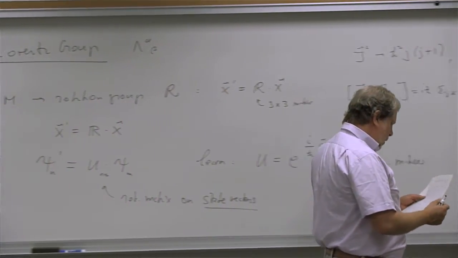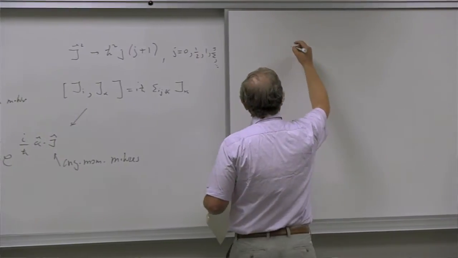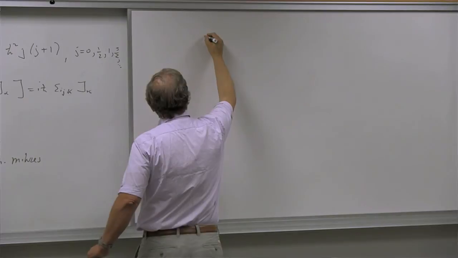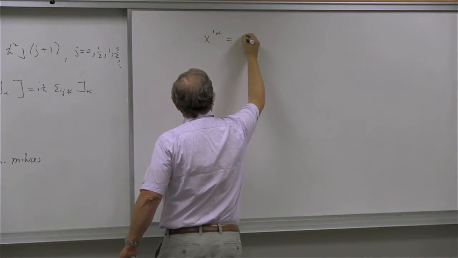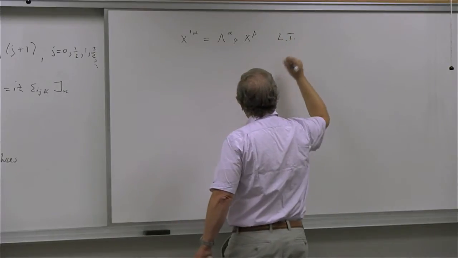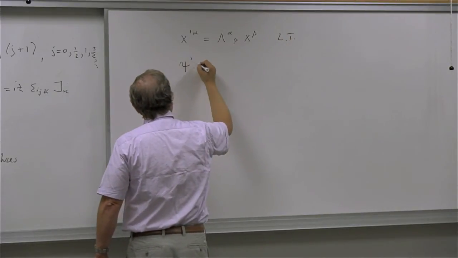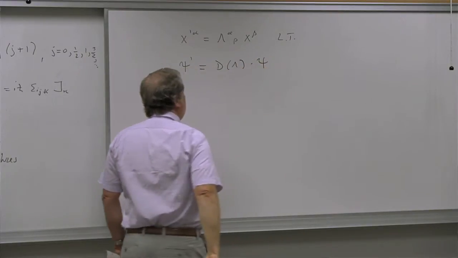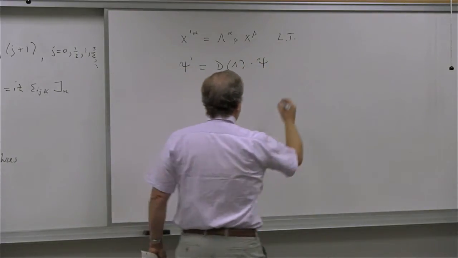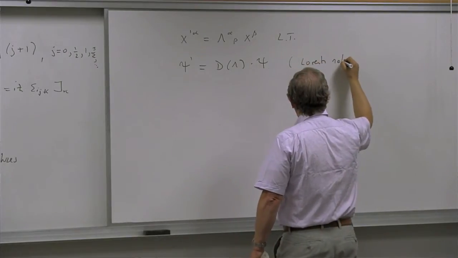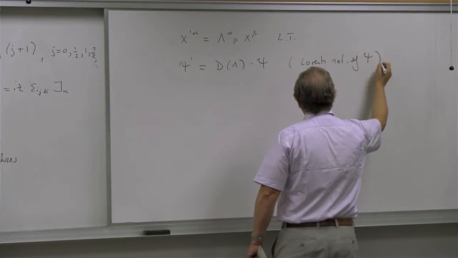And that means that we write that x prime^alpha is equal to Lambda^alpha_beta x^beta, which is our standard Lorentz transformation. And then we have psi prime, which is D(Lambda) times psi. So this is a Lorentz rotation of psi.